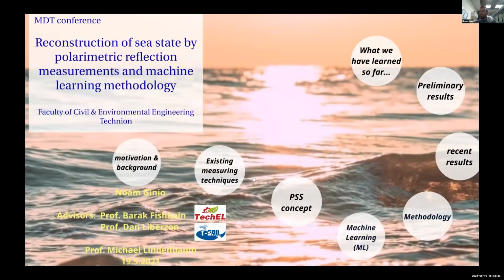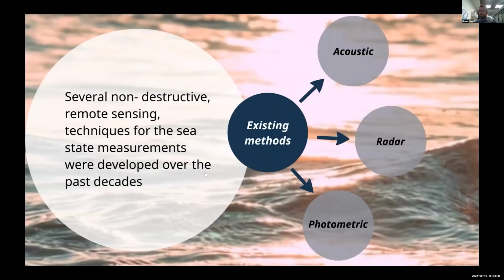So what are the existing methods for these measurements today? There are several non-destructive remote sensing techniques that were developed over the past decades. We won't go into it in depth. Basically, the acoustic methods are the ADCP and the pressure gauges and various radar techniques.